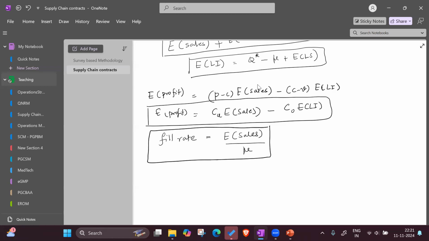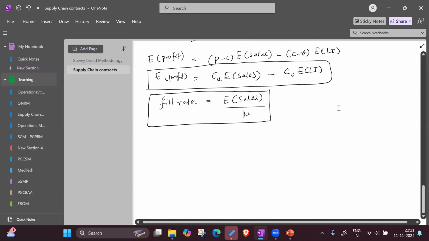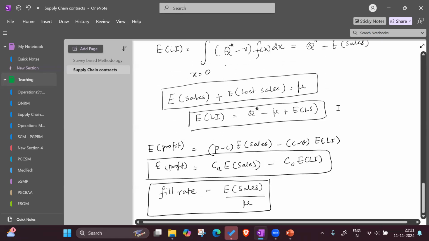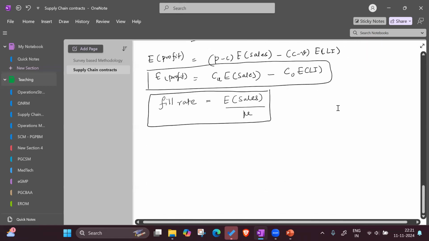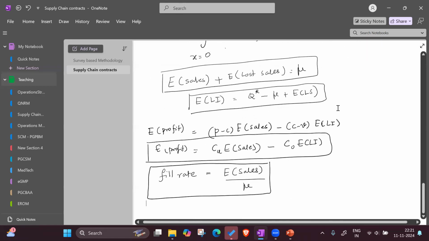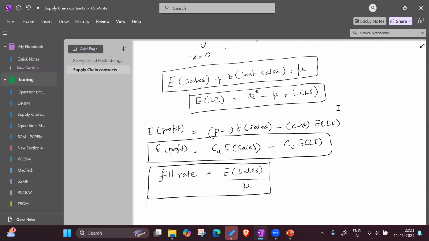Okay. A couple of things that we need to notice over here is that we have formulas for expected lost sales, expected leftover inventory, expected profit, fill rate, expected sales, and other things. If you look at this, one of the things that we discussed in the class is that expected sales plus expected lost sales is equal to mean. Now, this kind of paints a picture that the amount of sales that we are making at max can be mu.